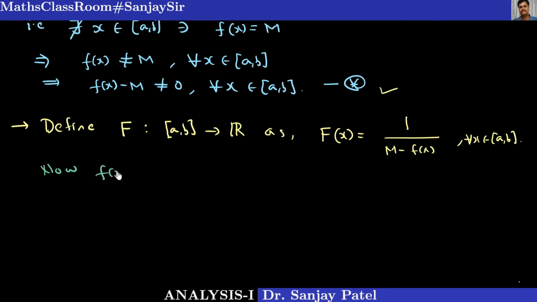Let me write in detail: small f of x is continuous on closed interval a comma b, which implies the function capital F of x, defined as 1 upon capital M minus small f of x, being a reciprocal of a non-zero continuous function, is also continuous on closed interval a comma b.